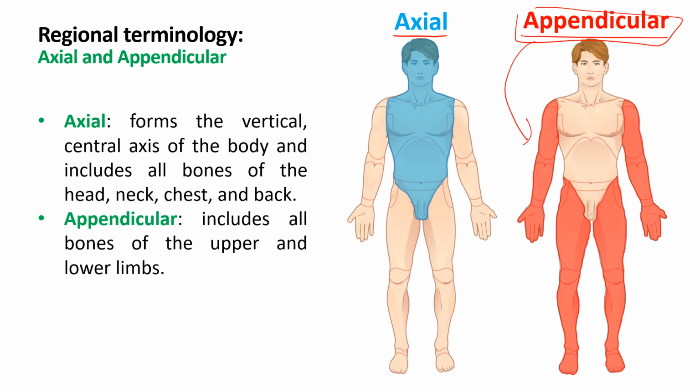So the upper and lower limbs are the appendicular skeleton. The axial skeleton is composed of the cranium, all the vertebral column, the sacrum, the coccyx, all the ribs, and essentially the rib cage and the sternum, which is a bone that is here, belong to the axial skeleton.